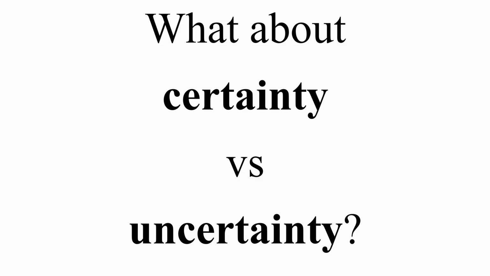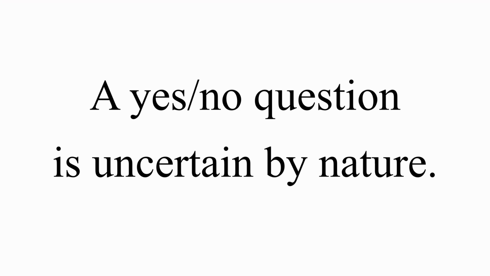Now there's also the element of certainty versus uncertainty, which we're going to talk a little bit more about later and how that works. But in terms of the difference between a yes or no question and a WH question, the yes or no question is inherently uncertain. You don't know if it's true or false, if it's yes or no. Where a WH question, sure, you still don't know.